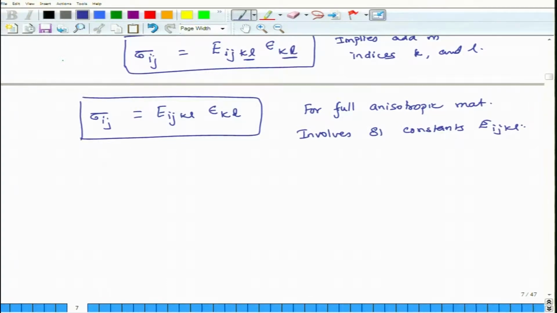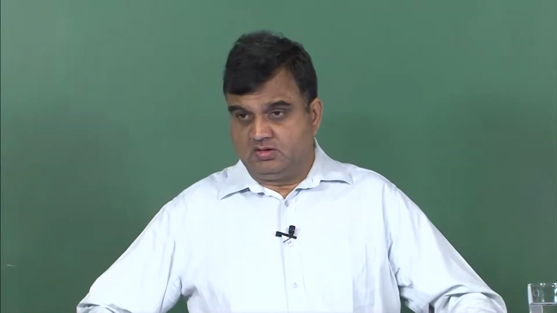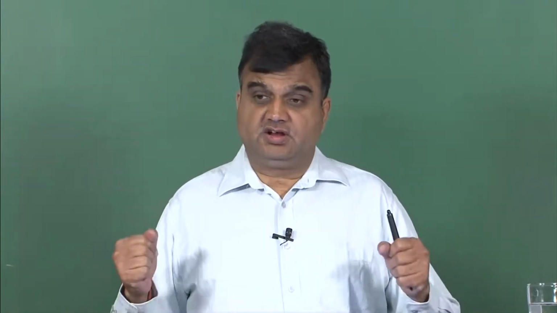These constants may be independent or not independent, we will talk about that later, but we are starting with 81 constants. So, what that means is that if we do not know anything else, then if I have to characterize an anisotropic material, I have to find its 81 different elastic constants. That is what it means.